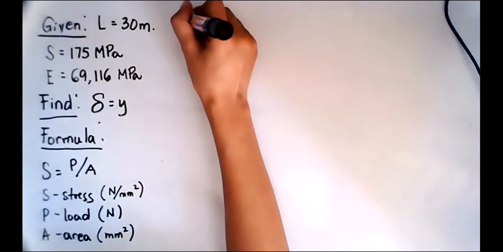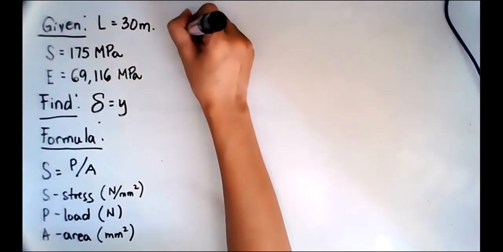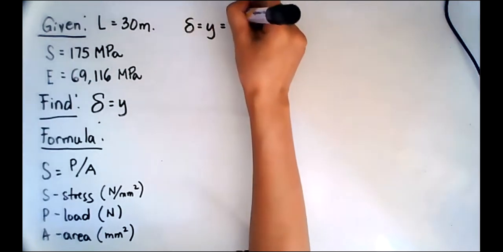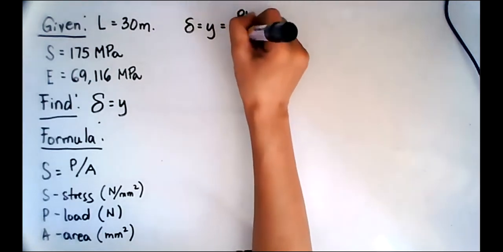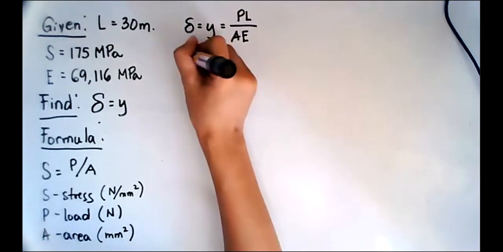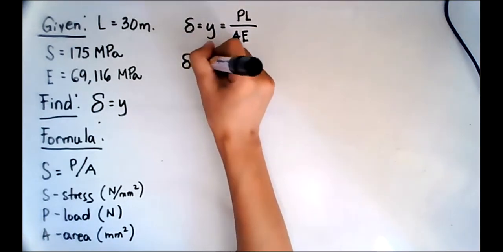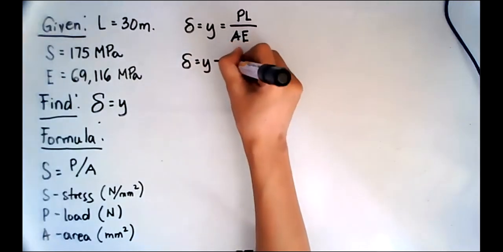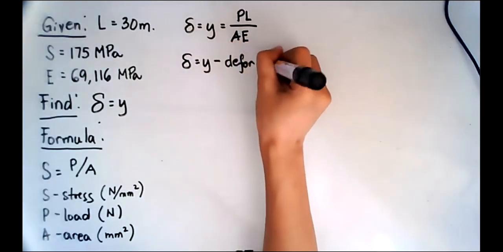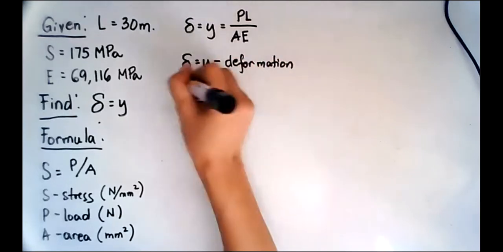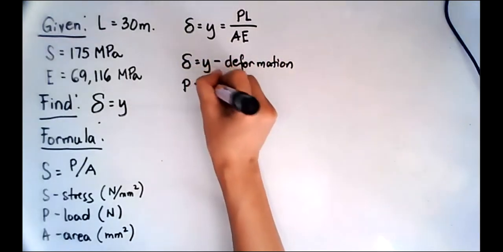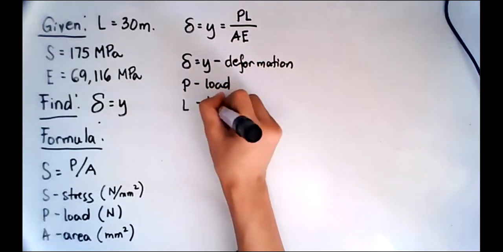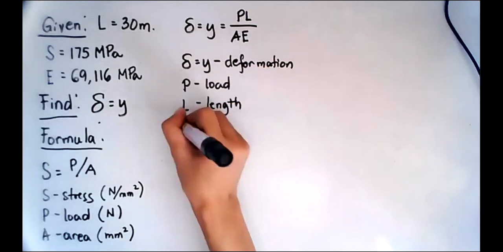And another formula that we are going to use is the formula for elongation, which is PL over AE, wherein this symbol is the elongation or deformation. P is the load. L is the length of the materials.